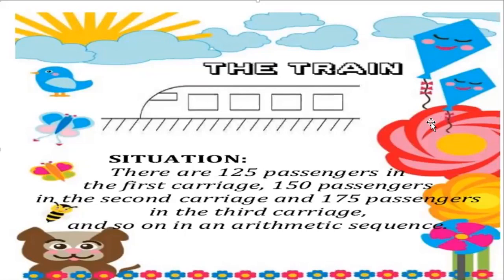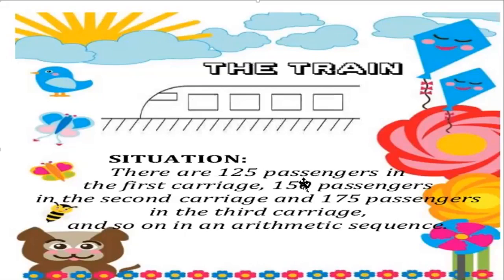Now students, let us take a practical example and understand this. The train. There are 125 passengers in the first carriage, 150 passengers in the second carriage, and 175 passengers in the third carriage.